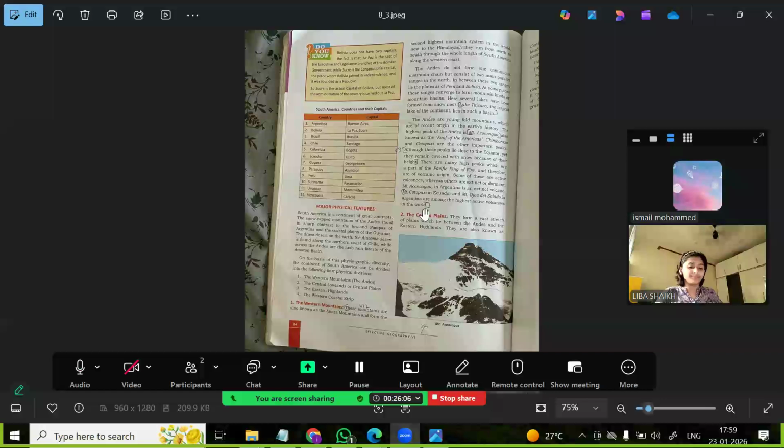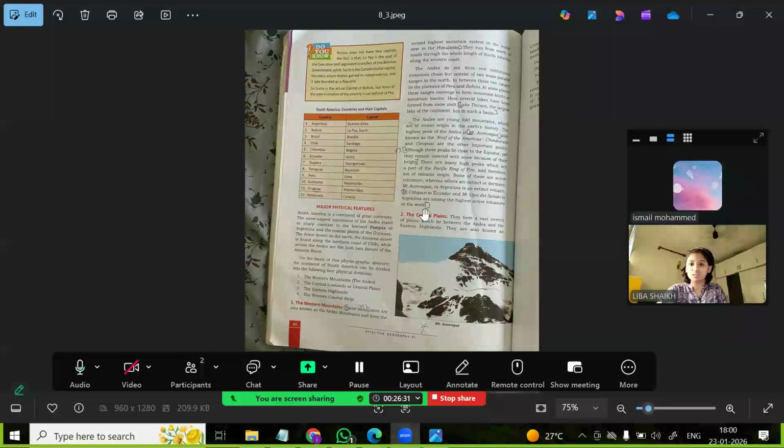These two are important peaks, Chimborazo and Cotopaxi. So here you need to learn about Mount Aconcagua, which is in Argentina, and Mount Cotopaxi in Ecuador.